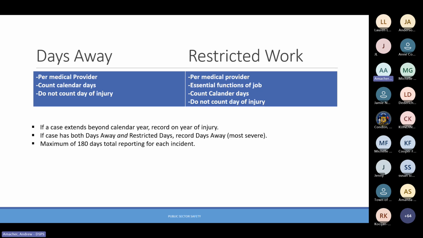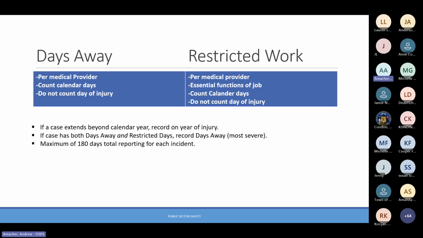If you have a case where an individual is injured and they have both days away from work and restricted days as part of their treatment process, say they're out for 5 days, but then are on restricted work for 10 days after that, you record in the classification of whether it's days away from work or restricted work, the most severe.